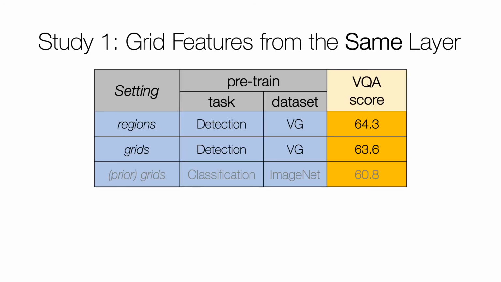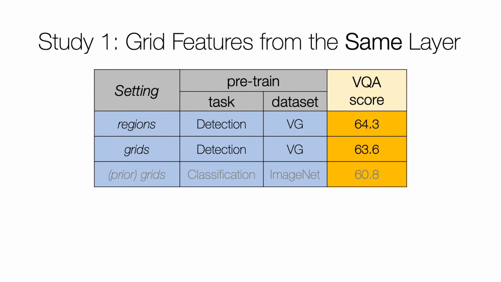The results are summarized in this table. The first row is showing the region feature baseline, which is 64.3. The second one is our grid features by directly converting to ResNet classifier and take the same layer. And the third one is a prior grid features pre-trained on ImageNet.